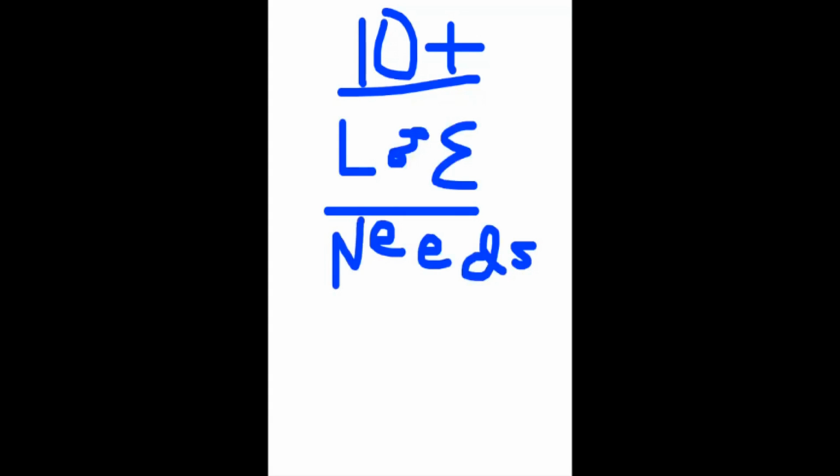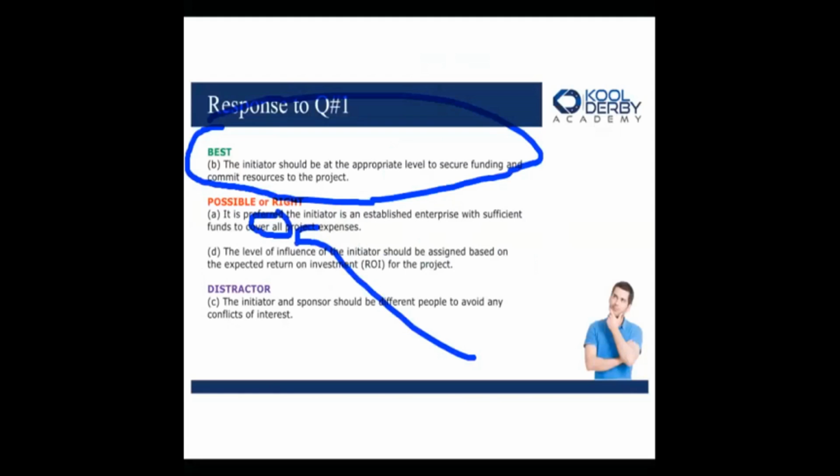Let's go back to this option here. The initiator should be at the appropriate level to secure funding. So does that mean that maybe the person should be a vice president? Maybe. Can they get the money? Can they get the people?